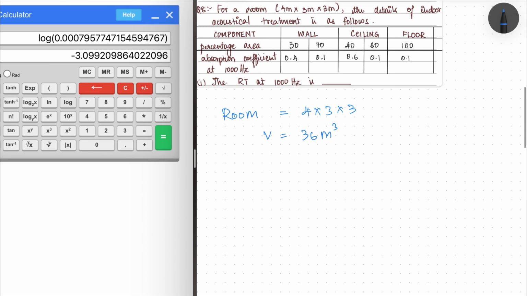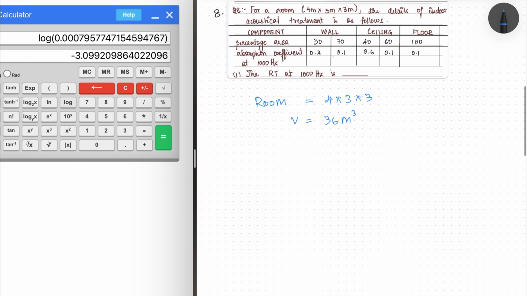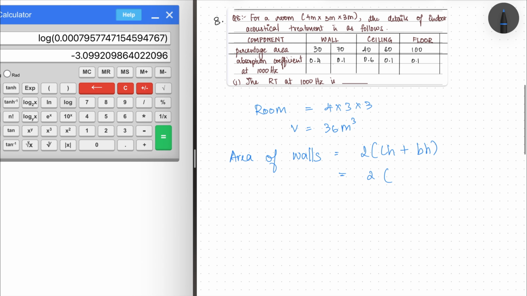Okay, so what is the area of the walls? Area of the walls would be 2 into (LH plus BH), which is 2 into, 4 threes are 12 plus 3 threes are 9.